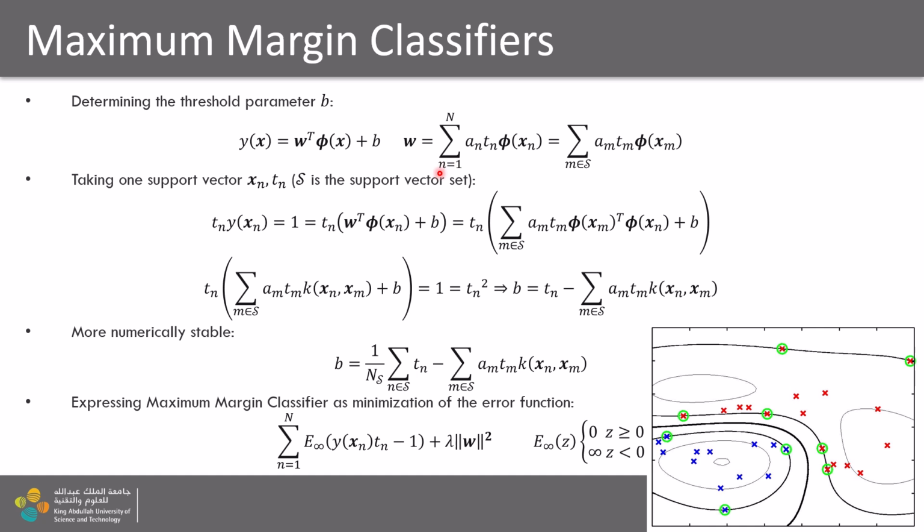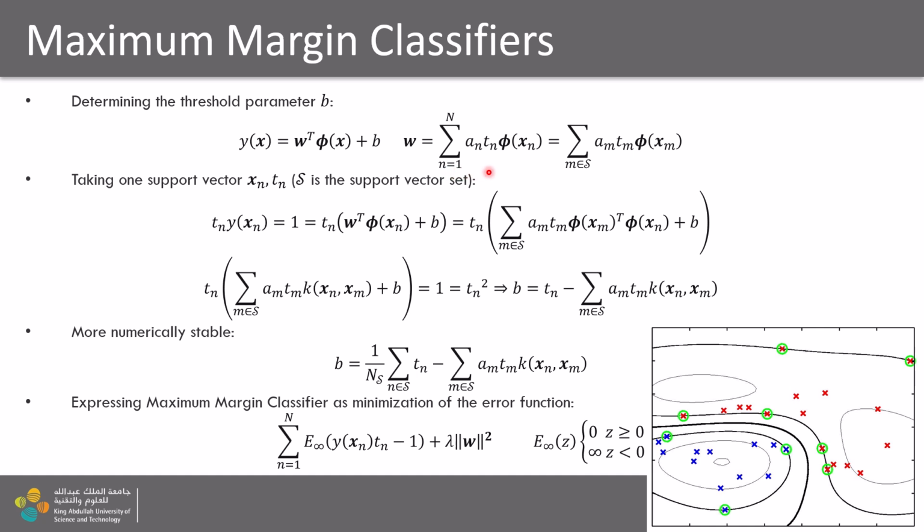As we see that y is equal to the weights times the feature vector plus the bias, we can stay with this formulation, and we can calculate the weights from this formula, which we have devised before by setting the derivative with respect to w to 0.